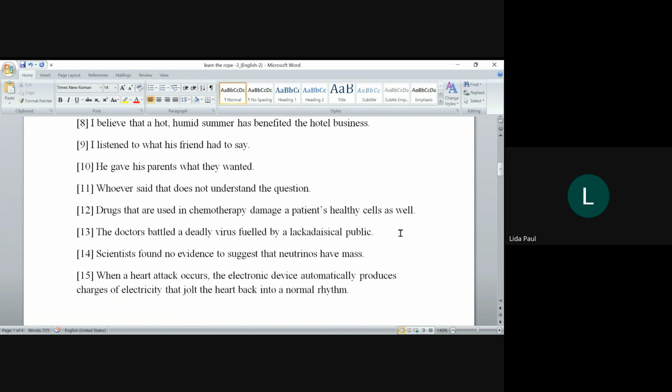What is "that" here? In terms of parts of speech, what is "that" here? It's not a conjunction. If it was a conjunction, we could have used it along with the other one, but here it is not.